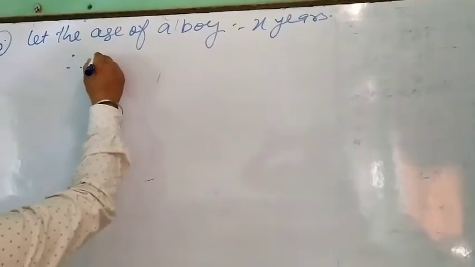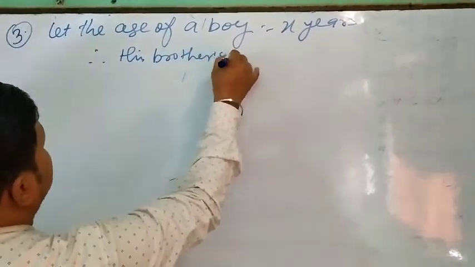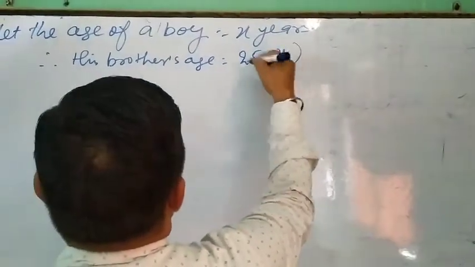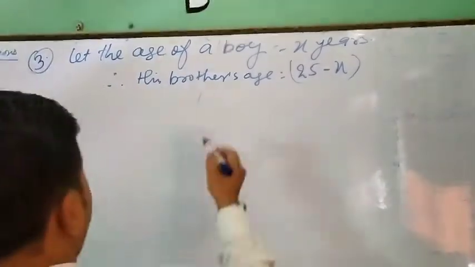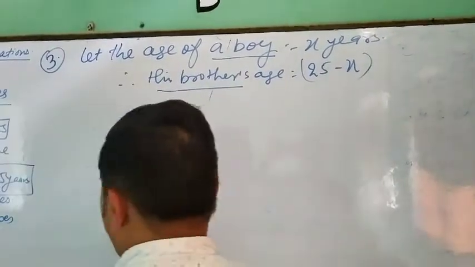So his brother's age equal to 25 minus x, because the sum of the age of a boy and his brother is equal to 25.